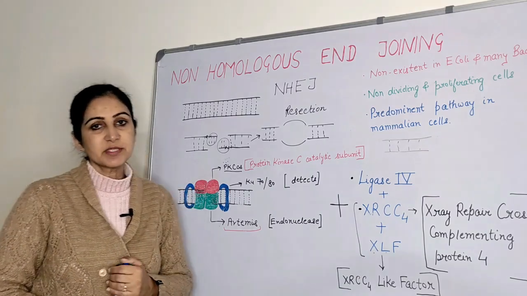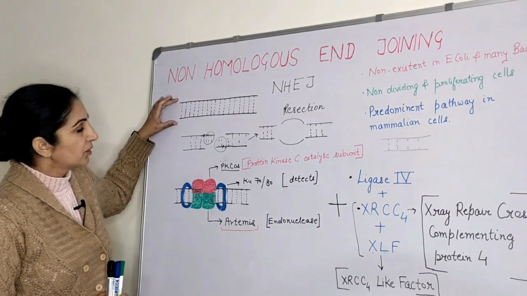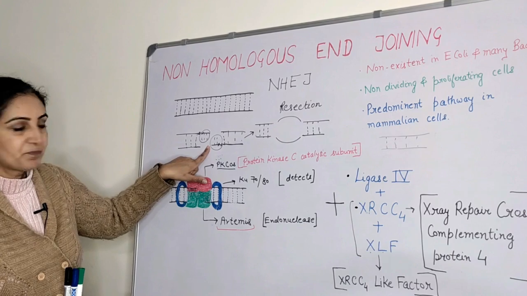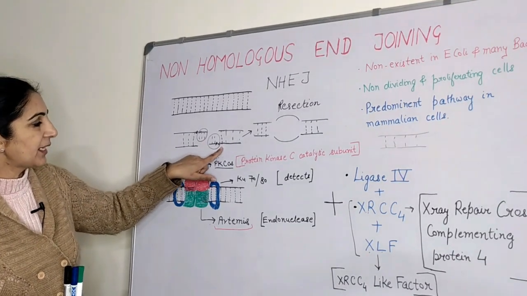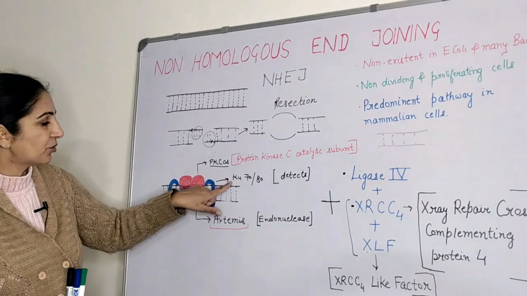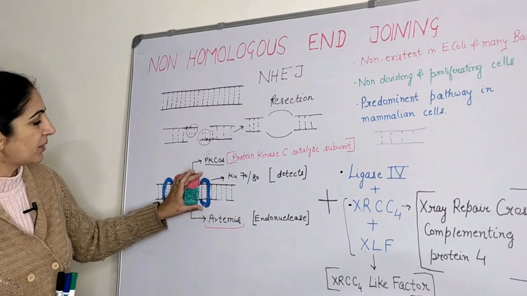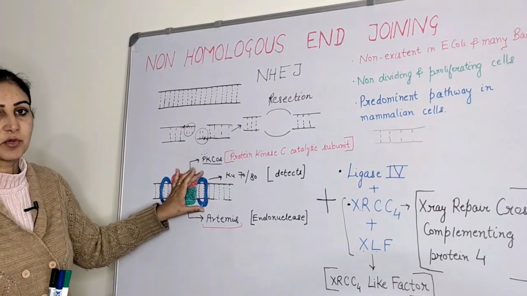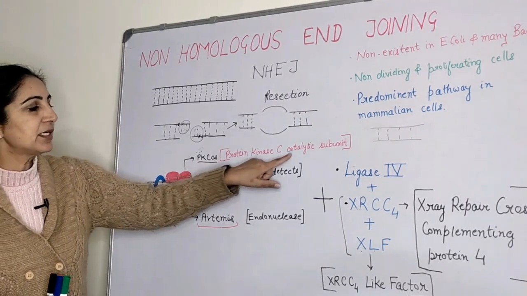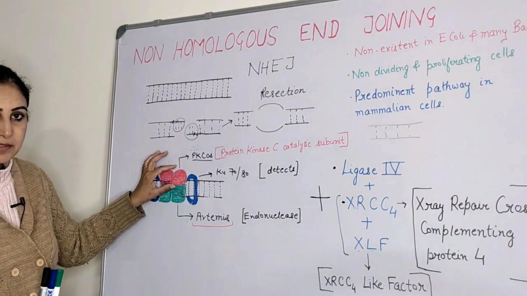So let's see the whole process once again, how it occurs. This is a DNA molecule. Now both the strands of this DNA molecule have broken. This kind of breakage is detected by Ku70/80, which is a heterodimer and a ring-like protein. It comes and binds to the DNA molecule near the broken ends. It recruits the protein kinase catalytic subunit, which comes and binds to the broken ends.